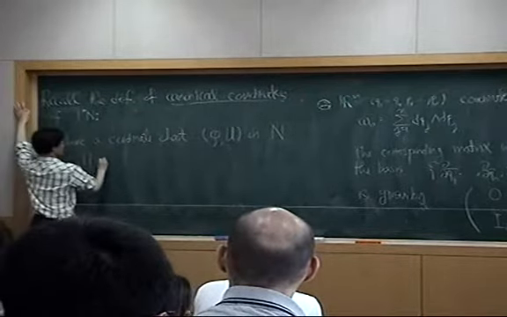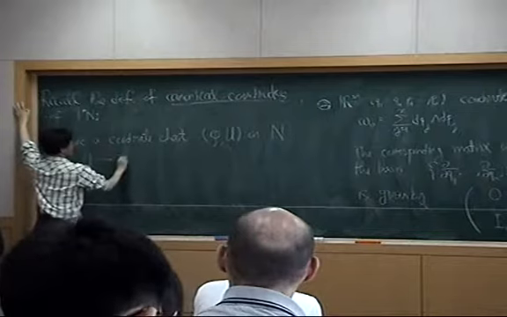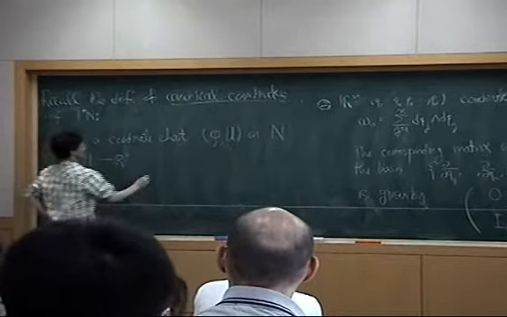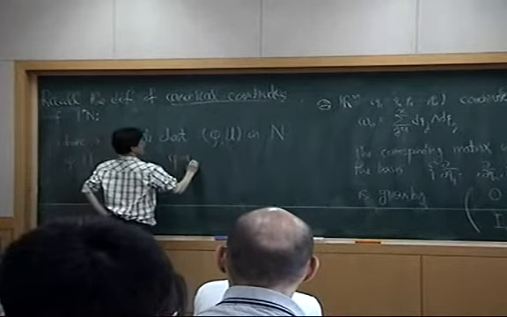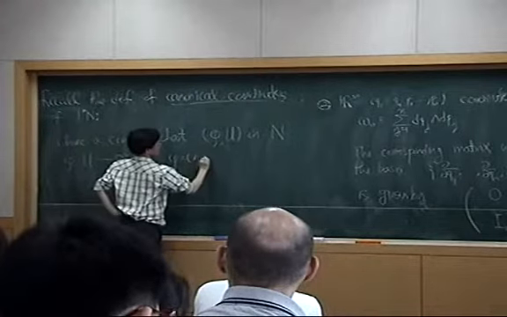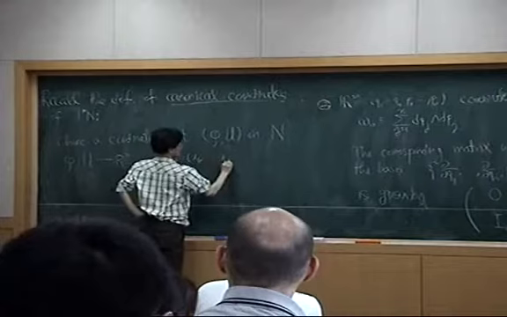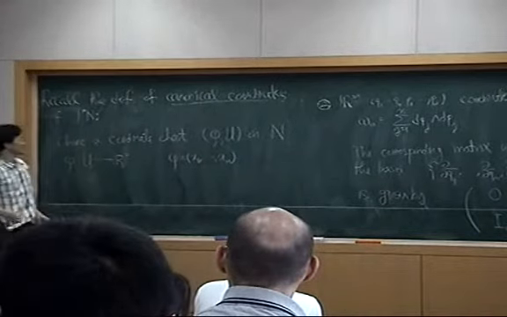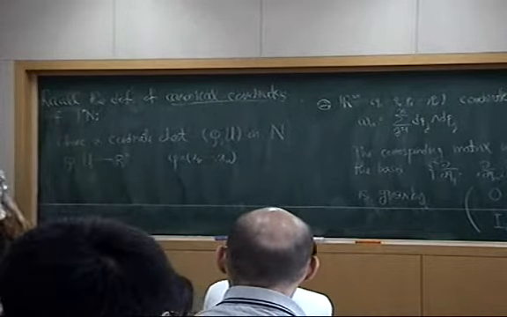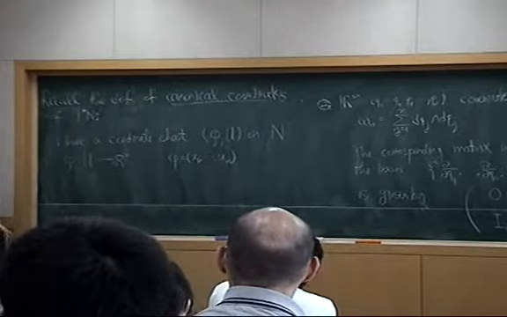A coordinate chart means U goes to R^n, and its coordinate functions can be written as x1, ..., xn. When you are given this coordinate, this provides a natural basis.